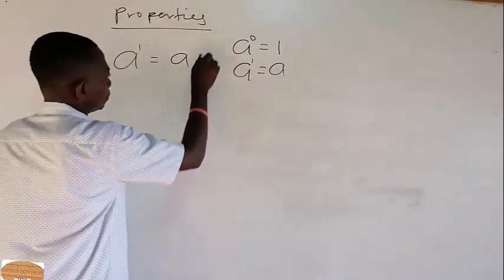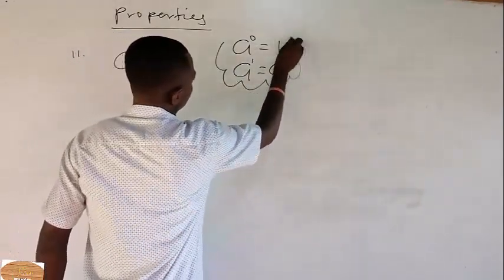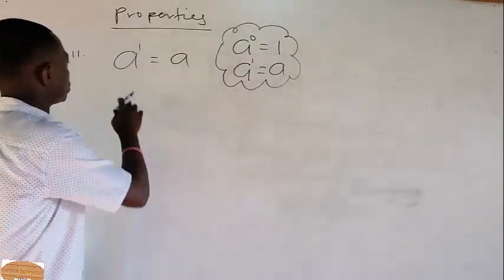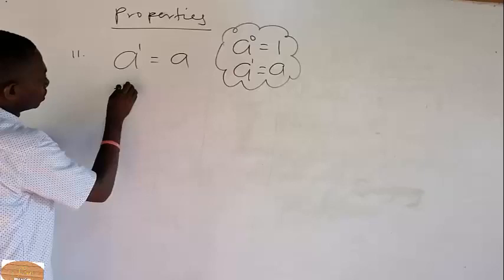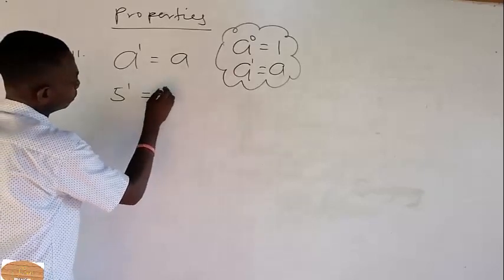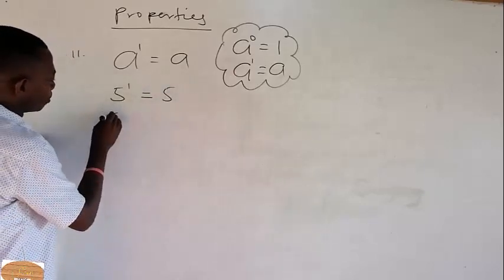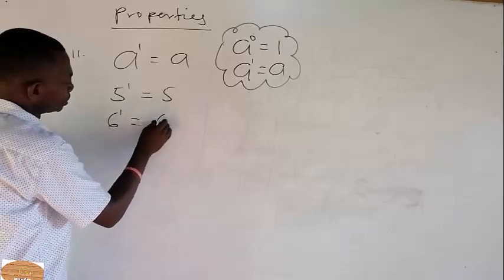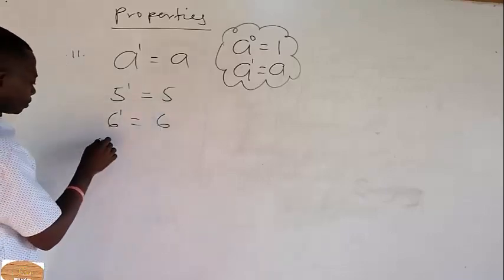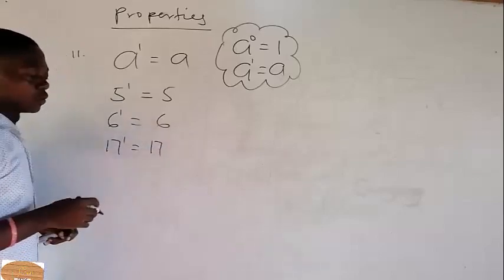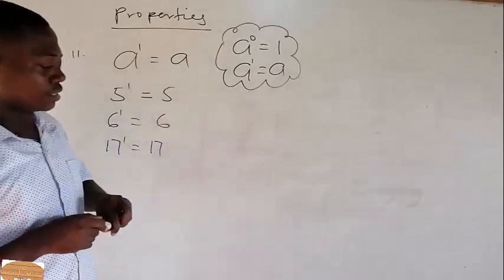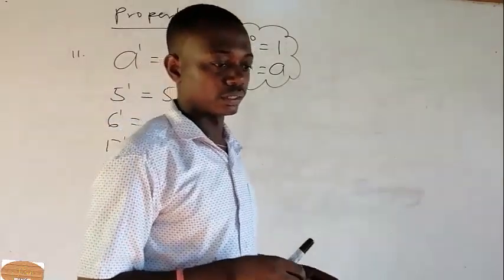So 8 to the power 1 is 8. 5 to the power 1 is 5. 6 to the power 1 is also 6. 17 to the power 1 is 17. Alright, so that's that. Let's move on to the next one.